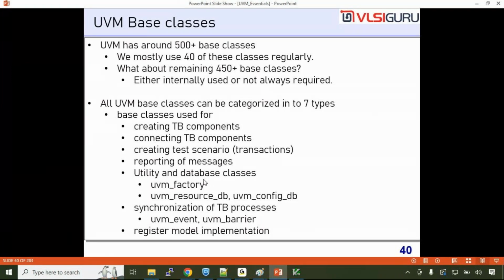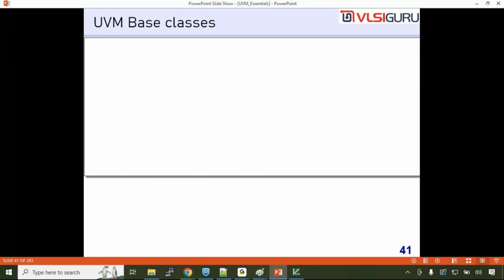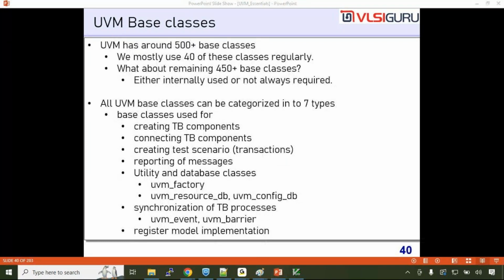In UVM, that is standardized as resource database, config database. In SystemVerilog we used to call class mem_common. There we used to create static int count, static mailbox. The same concept in UVM is resource database, config database, then factory.